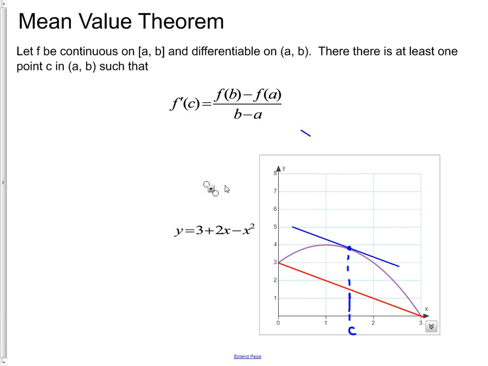And a lot of people look at that one and get a little confused and say, well, what's the point of all of that? Well, it turns out this is a very central theorem to many of the things that we do in calculus, so we better get used to it now.